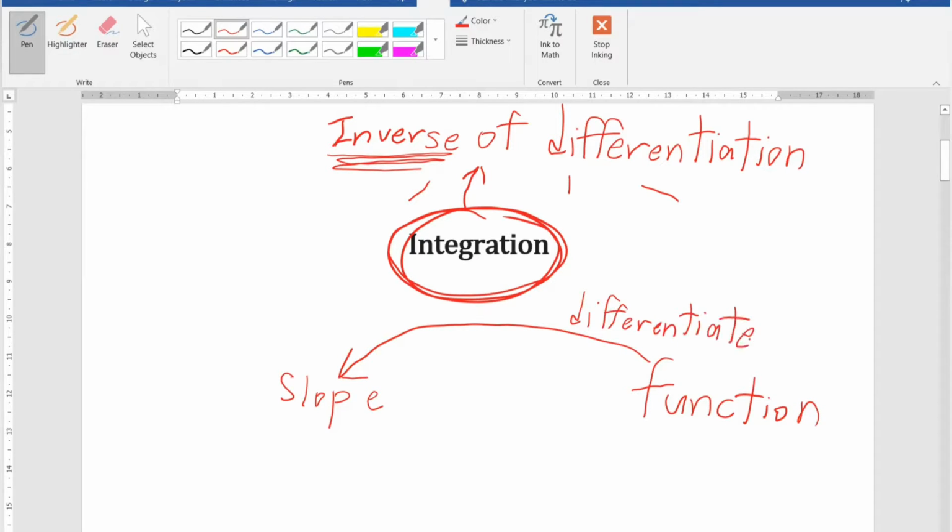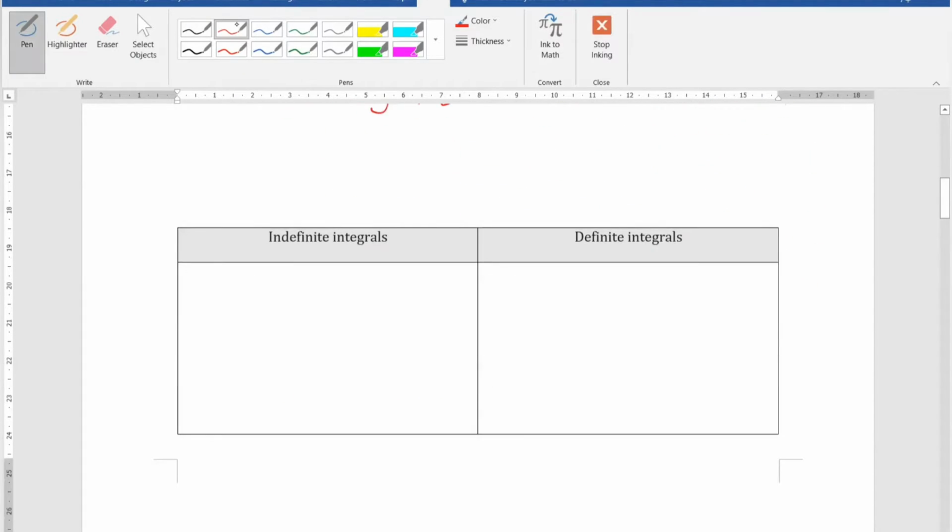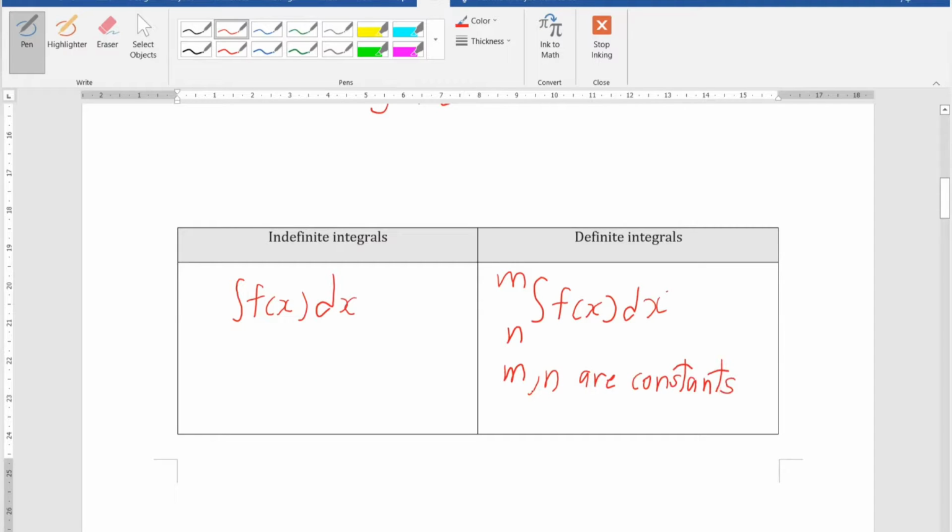from the slope. Integration can be expressed indefinitely as the integral of f(x) dx, or definitely as the integral of f(x) dx from n to m, where m and n are constants.